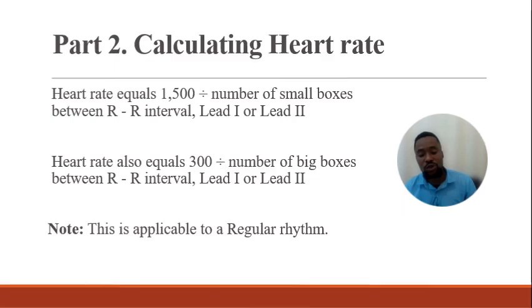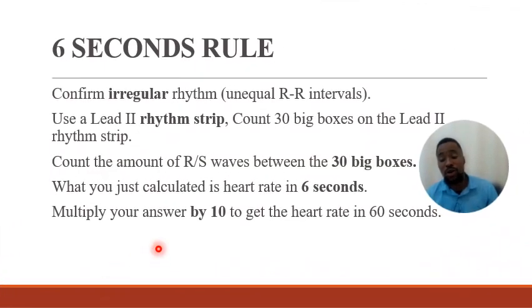Another formula you can use is for an irregular rhythm, which means the RR interval is not regular. You can count 30 big boxes on the rhythm strip. Those 30 big boxes are 6 seconds, since 25 millimeters equals 1 second, so 5 big boxes equals 1 second, and 30 big boxes equal 6 seconds.